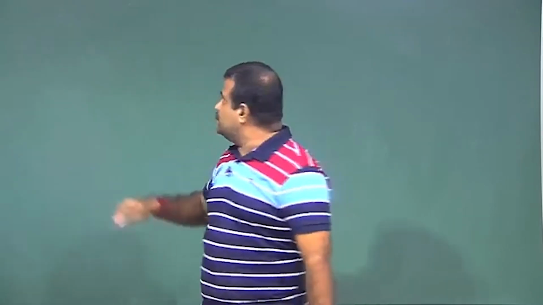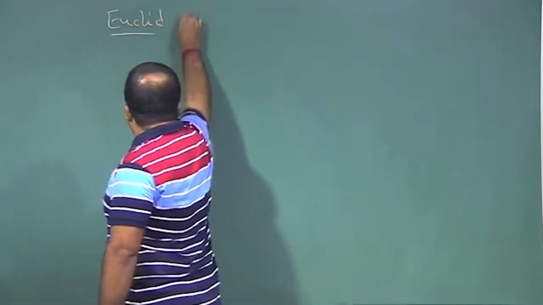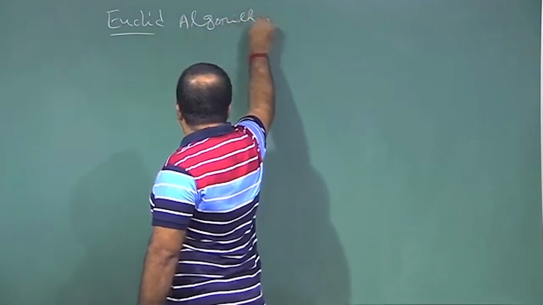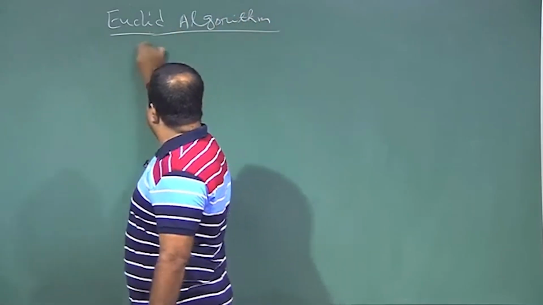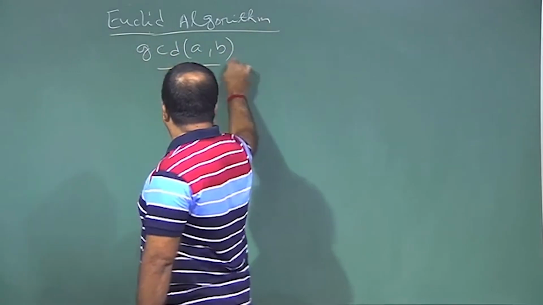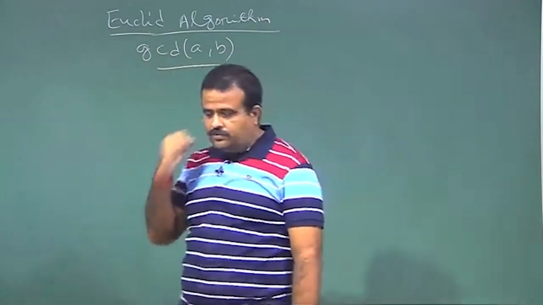This comes from the Euclid algorithm. We know the Euclidean algorithm: it finds the GCD of two integers a, b. So how can we find the GCD of two integers a, b?